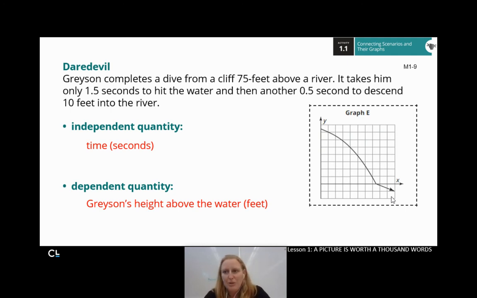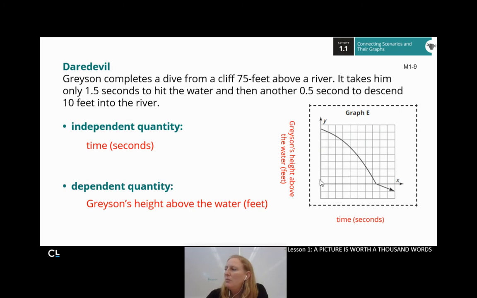So let's label it. We said time was the independent one, so I'm going to label my x-axis as time in seconds. And like I said, it looks like this is him jumping off a cliff, so I'm going to say that my y-axis is Grayson's height above the water measured in feet. It did mention the origin. I said you didn't have to worry about that.